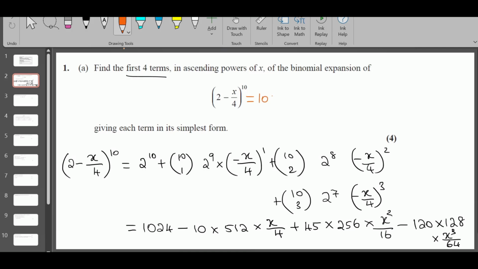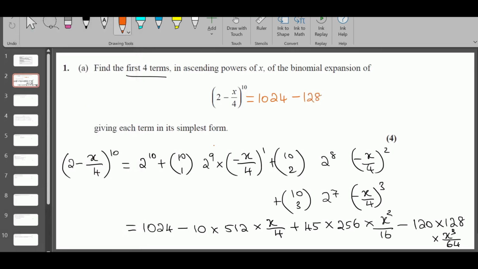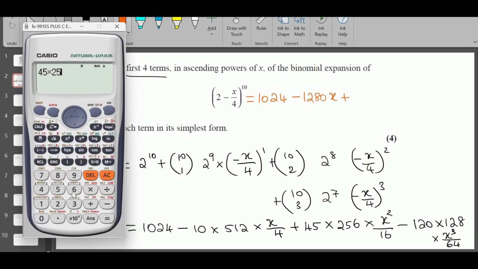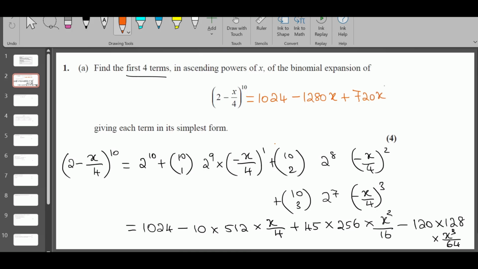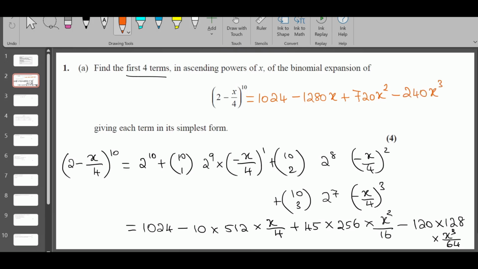So you will get 1024 minus 10 times 512 divided by 4, 1280x, plus 45 times 256 divided by 16, 720x square, minus 120 times 128 divided by 64, which is 240x cubed. That's the expansion, the first four terms.